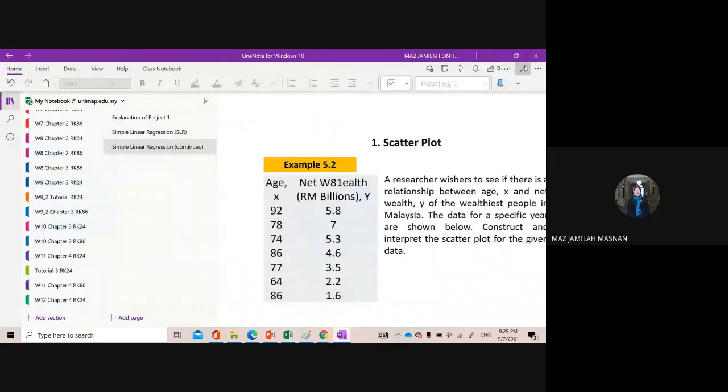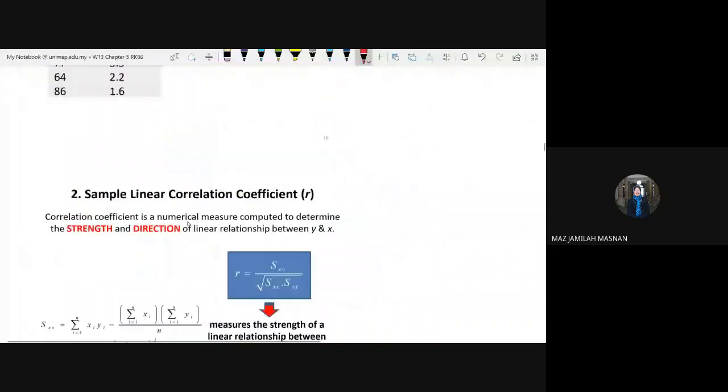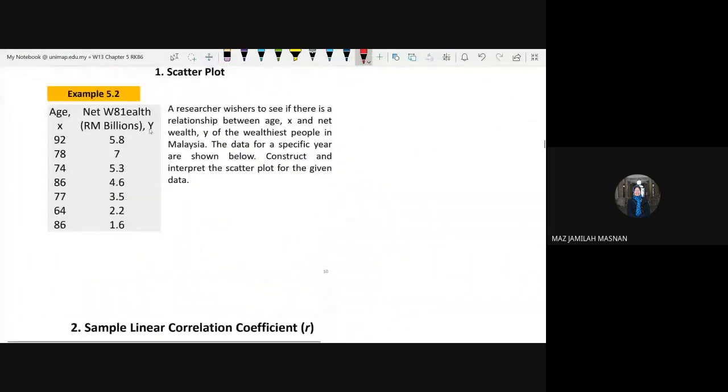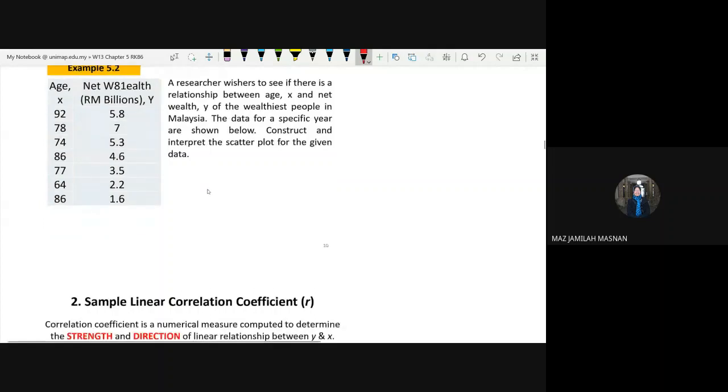Now, we know that once we have our scatter plot as our first analysis, we use our eyes to see the pattern of our x and y relationship. Now, there is a second way to tell about the relationship of x and y.